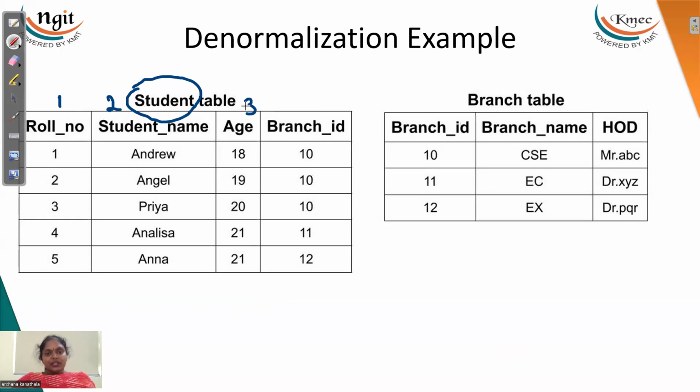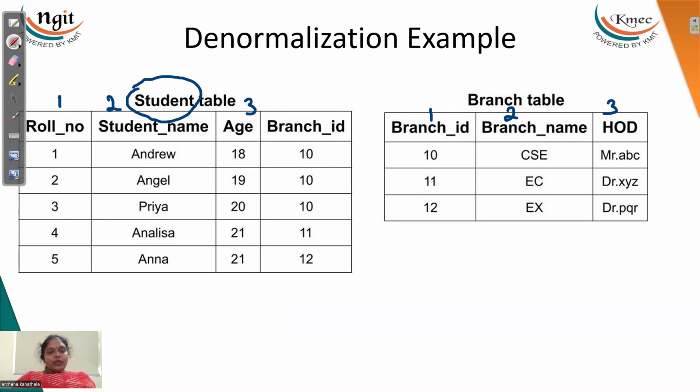Only these three are the attributes specific to the student table. Now look at the branch table. The branch table maintains the ID of the branch, the branch name and the head of the department. These are specific information related to the branch table.